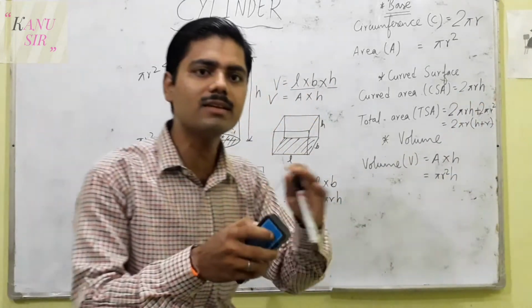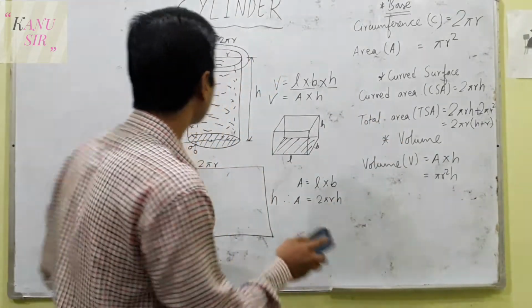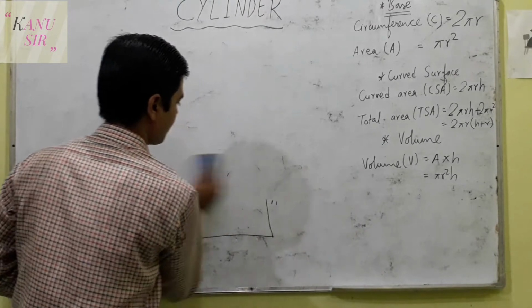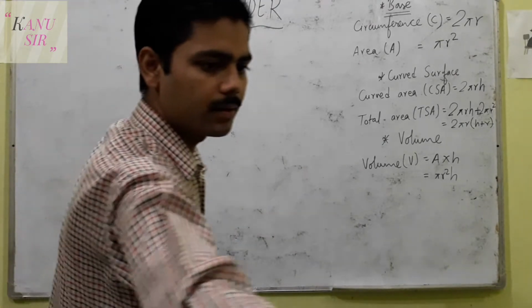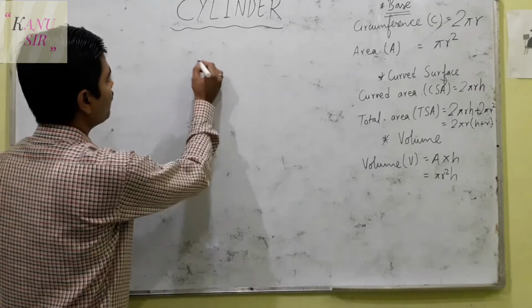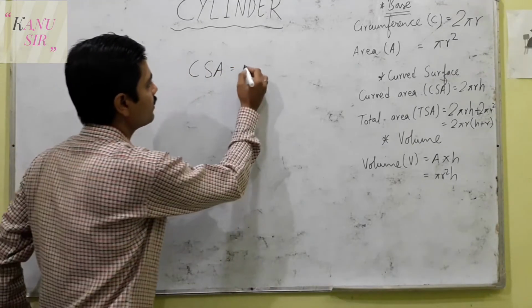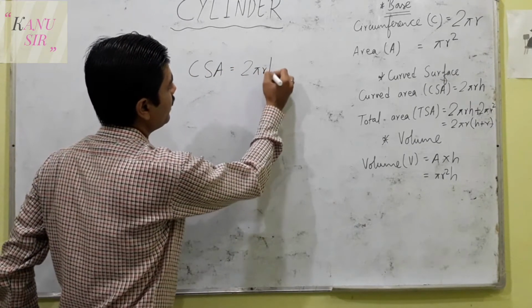Don't start changing the formula into different forms. What I am trying to say here is that the curved surface area is 2 pi rh.